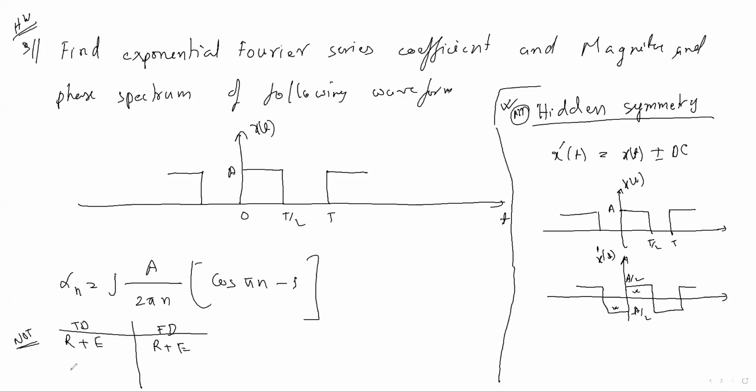If the time domain signal is real and odd, like this example I have given as homework, then the frequency domain signal will come out imaginary and odd.